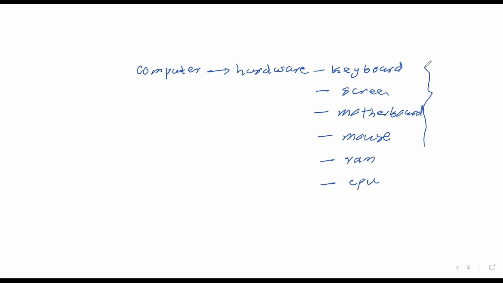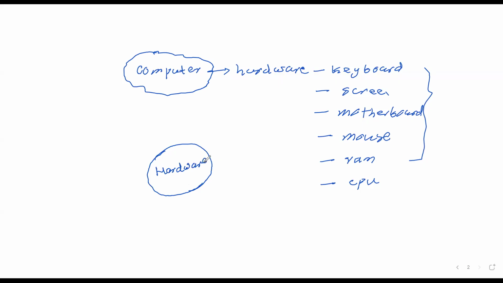These are hardware. The core thing of a computer is hardware, and then we have the kernel. The kernel is one type of program which sits between the hardware and your shell.